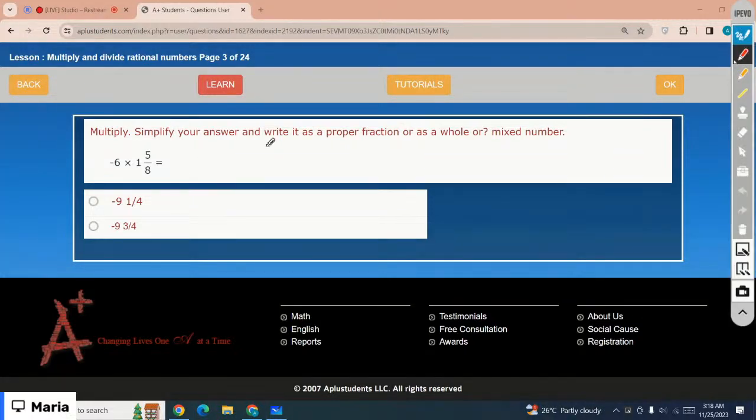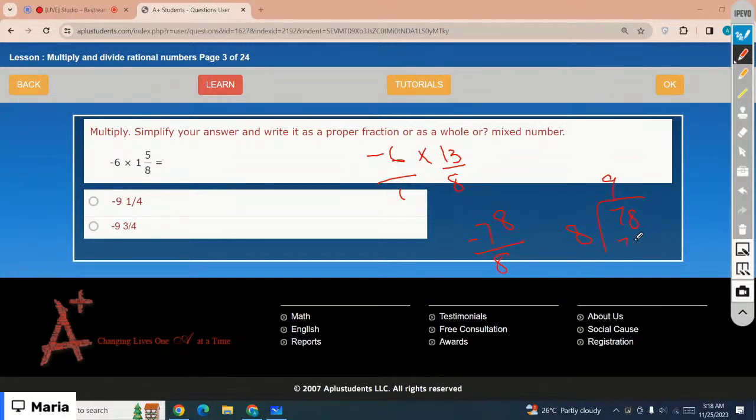Okay, so let's just multiply. Negative 6 times, you have to do 8 times 1 is 8 and 5, 13 over 8, right? So let's just multiply. 6 times 13 is 78, negative 78 over 8. Right now let's just divide it by the 8.